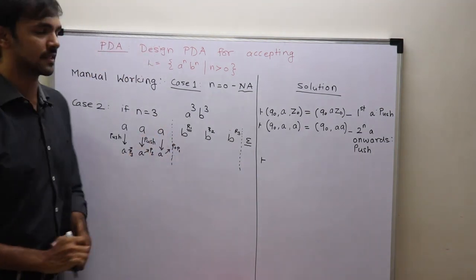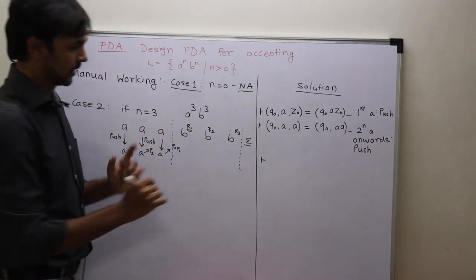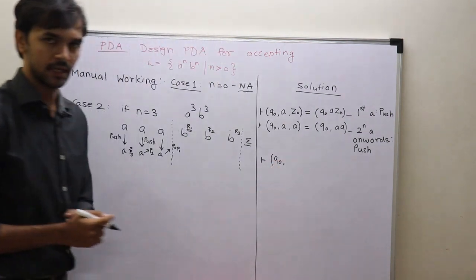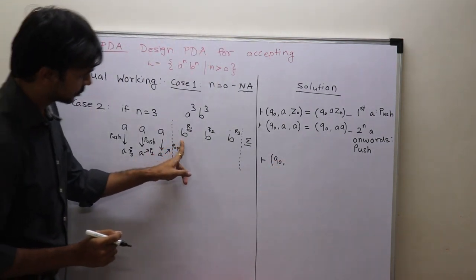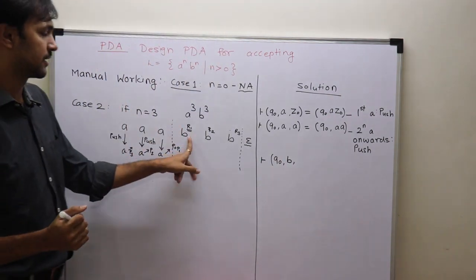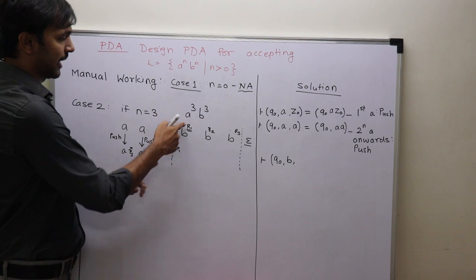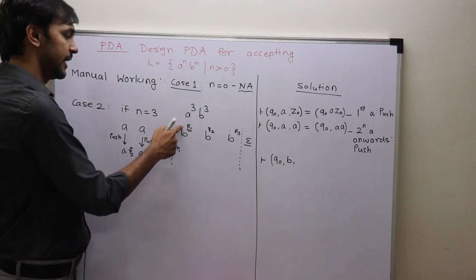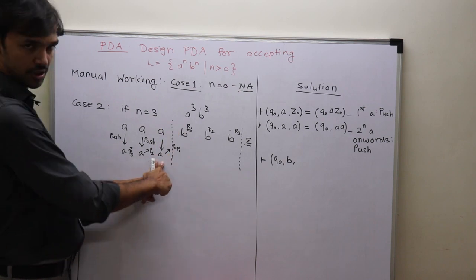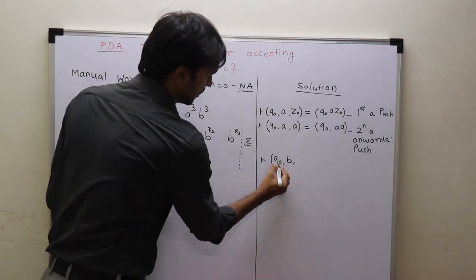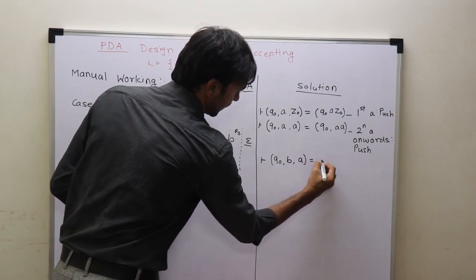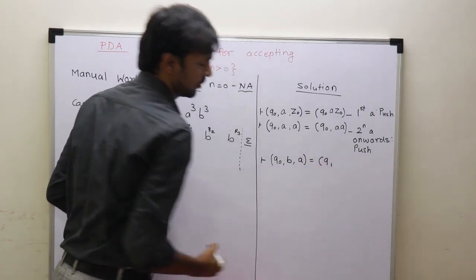Now, when it comes to process the first B, what conditions should we write? The machine is in Q0. It tries to read B. If you remember what we had discussed here, it reads B and, to indicate that the machine has read B, it pops out the topmost A. So when the machine reads the first B such that the top of the stack is A, the machine does something very unique.